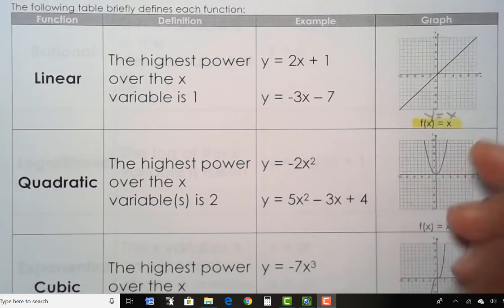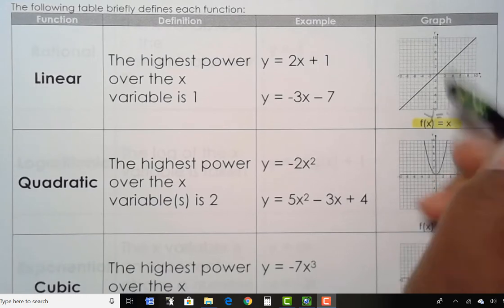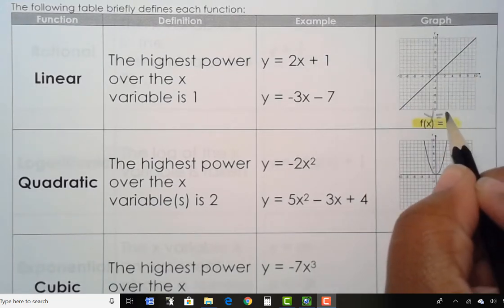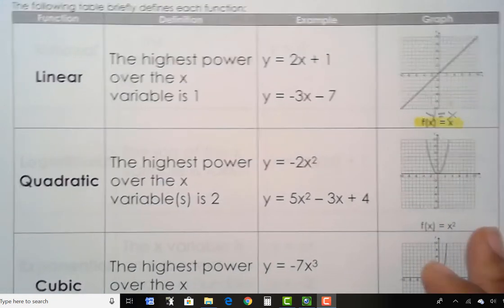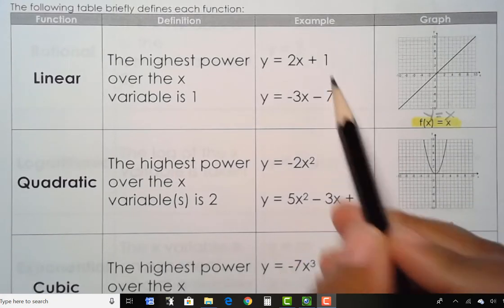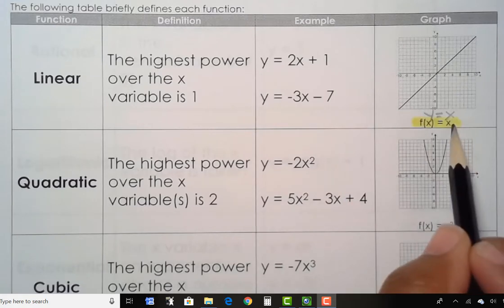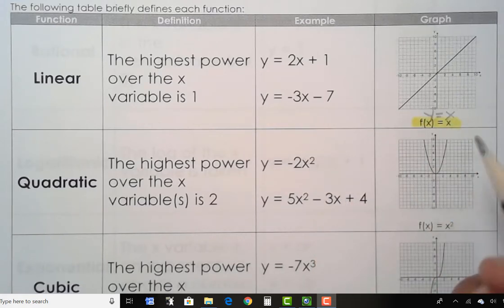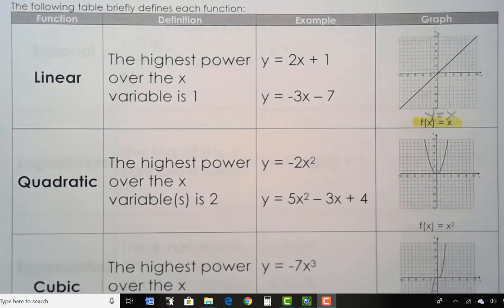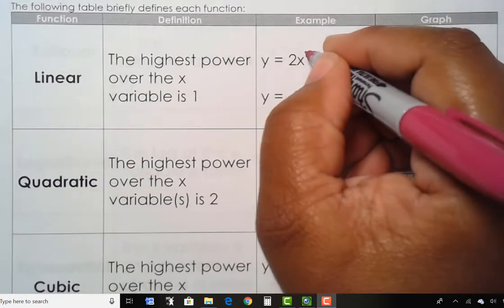This is a linear equation. We may be adding numbers next to our x, but the highest degree of the variable x is 1.